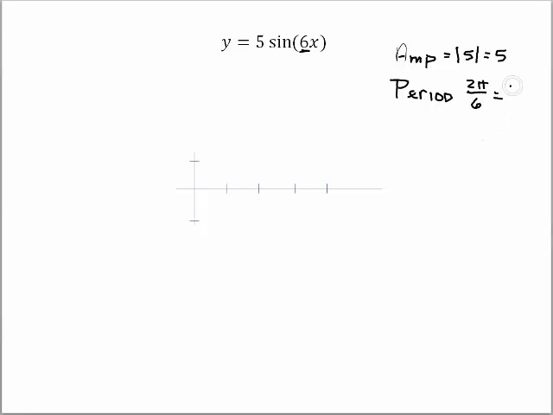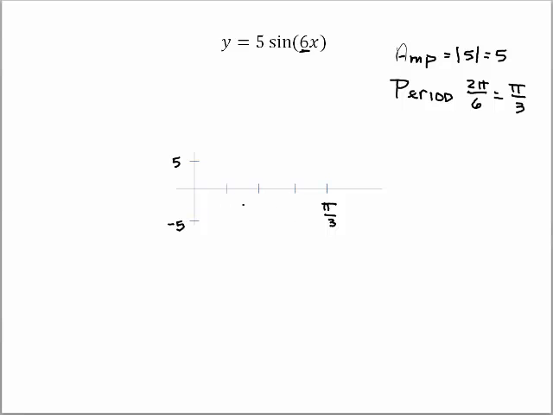So if we simplify, we should have pi over 3. So now our ending point is no longer going to be 2 pi, but it's going to be pi over 3. And we said our amplitude was 5 and -5, so let's go ahead and put that in there.